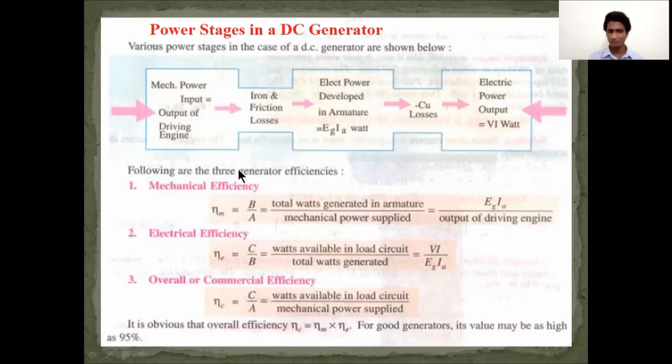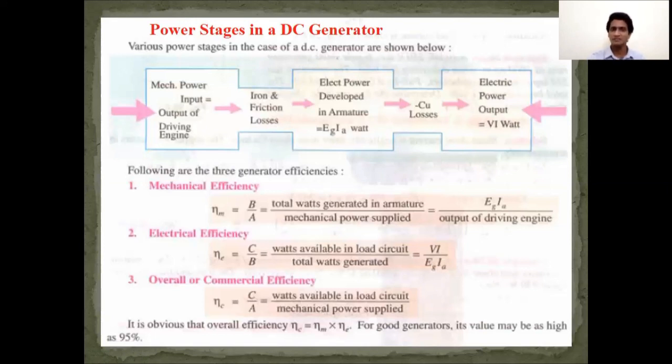Now there are some other terms. Mechanical efficiency means total watts generated in the armature by mechanical power supplied. From the name itself, mechanical efficiency, it is clear that when I give a mechanical input to my machine, a part of power will be developed in the armature, that is Eg into Ia is developed due to the application of my mechanical power.